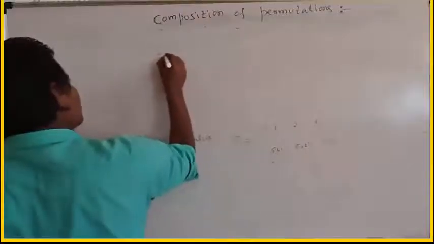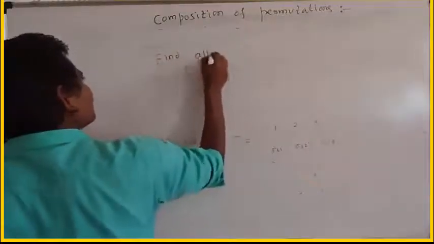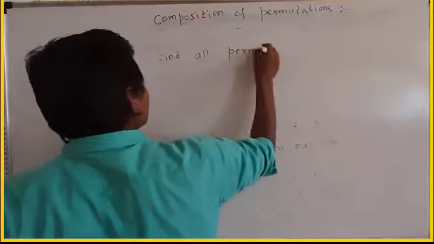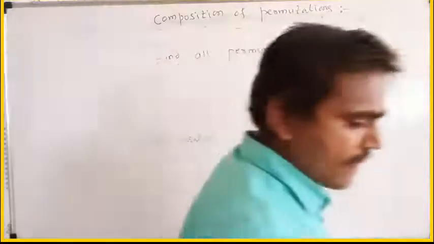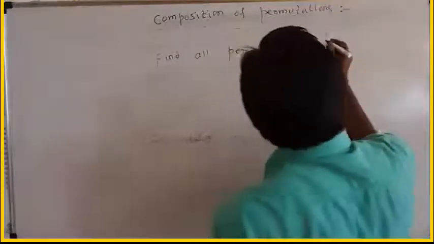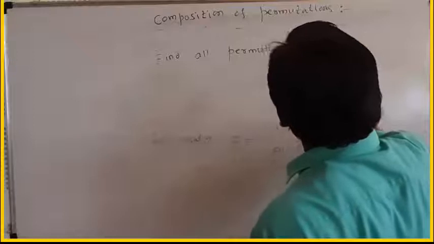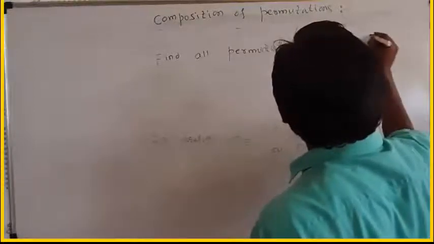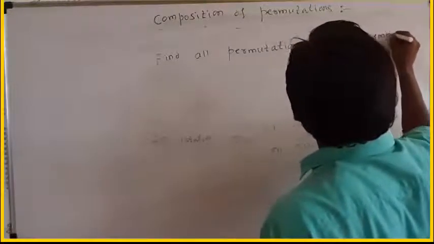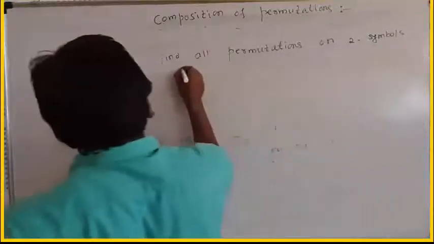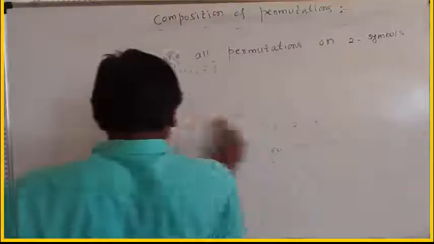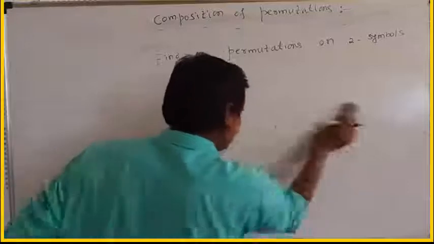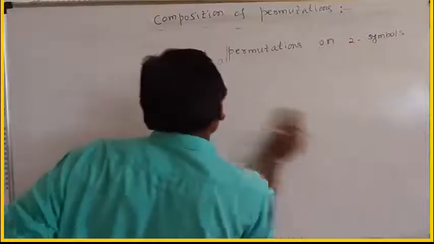Question: find all permutations on two symbols 1, 2. Now we are going to list all the permutations on two symbols.